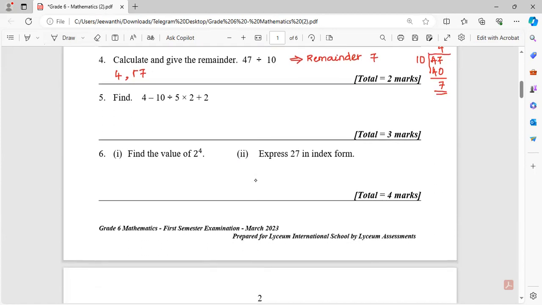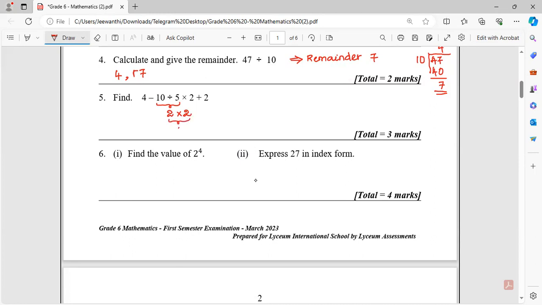So then the next one, it is all about the math operations. You know, the priority should be given to division and multiplication. First, I do the division. 10 divided by 5, that is 2. Then that 2 I multiply by 2. So then it will be 4, right?